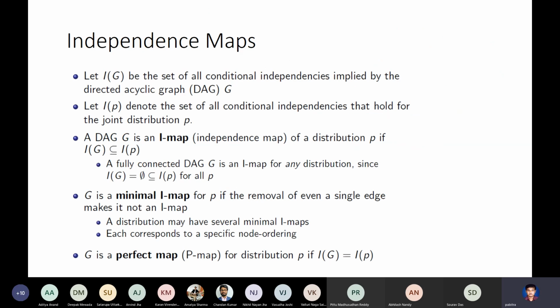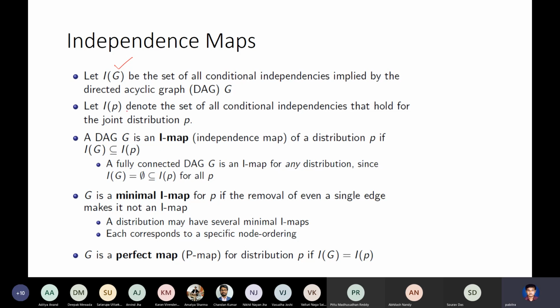Okay, so finally, let us formalize this. Given a directed acyclic graph G, I(G) is the set of all conditional independences that are implied by this graph. All conditional independences by d-separation, Markov blanket, whatever, everything you find out, you collect them. Actually, beyond d-separation also, everything that holds true.